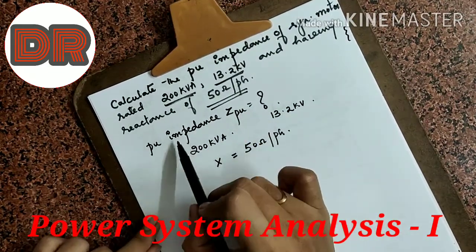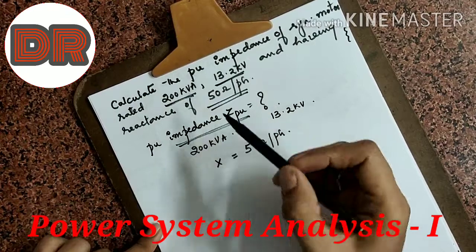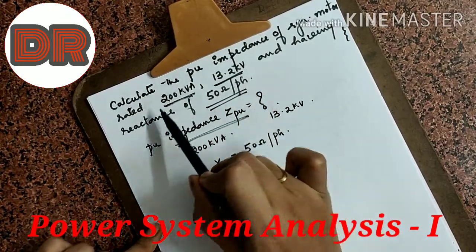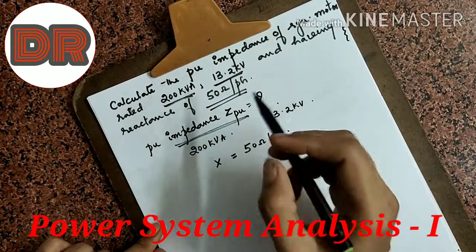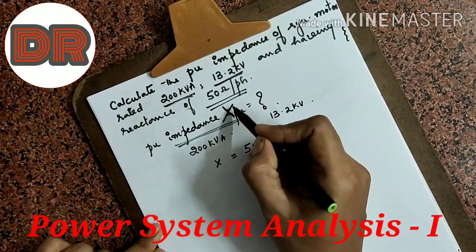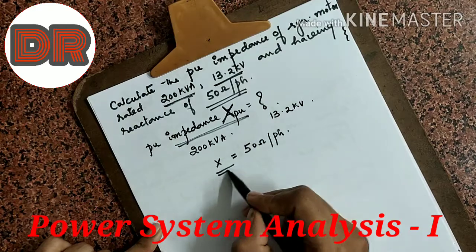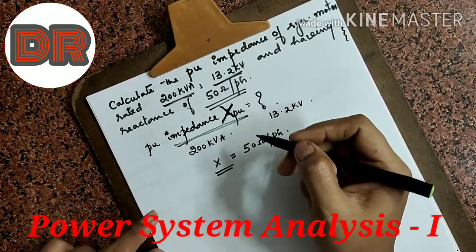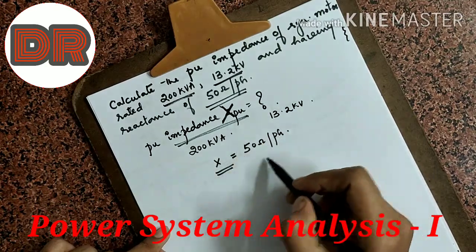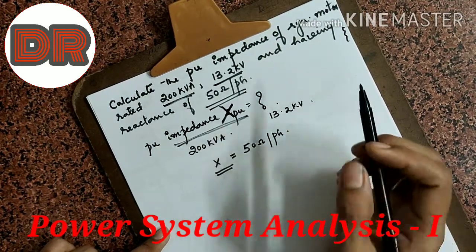Though the question asks for impedance, there is no information about resistance in the given data. So it is obvious that we are going to calculate X per unit, since the X value is given. If resistance and reactance values are both given, then you calculate Z per unit.